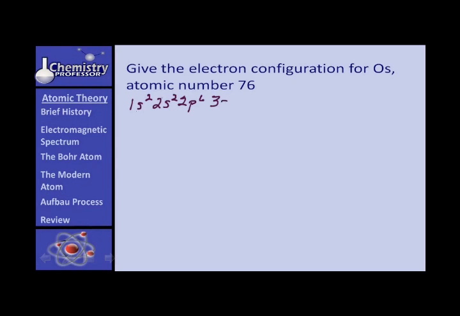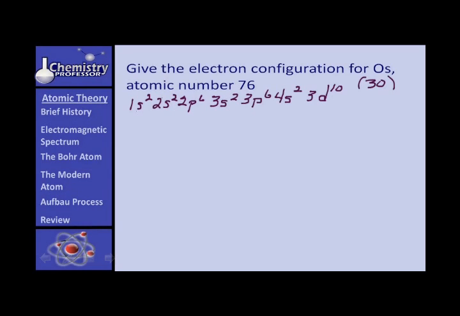Then we go to the 3s with 2 and the 3p with 6. Then we go to the 4s with 2. And we go back now to the 3d and put in 10. Now at this point we have done, by my count, 30 electrons.